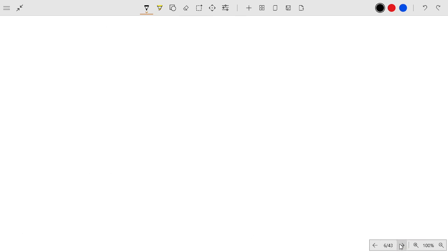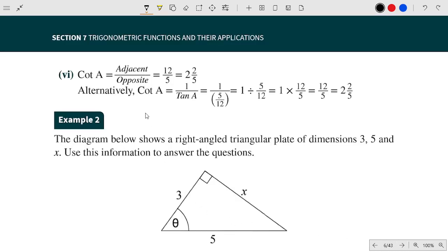Alright, so the next one is cot A, which happens to be the reciprocal of tan. So tan is opposite on adjacent, so this one is going to be adjacent on opposite. So we have 12 on 5.